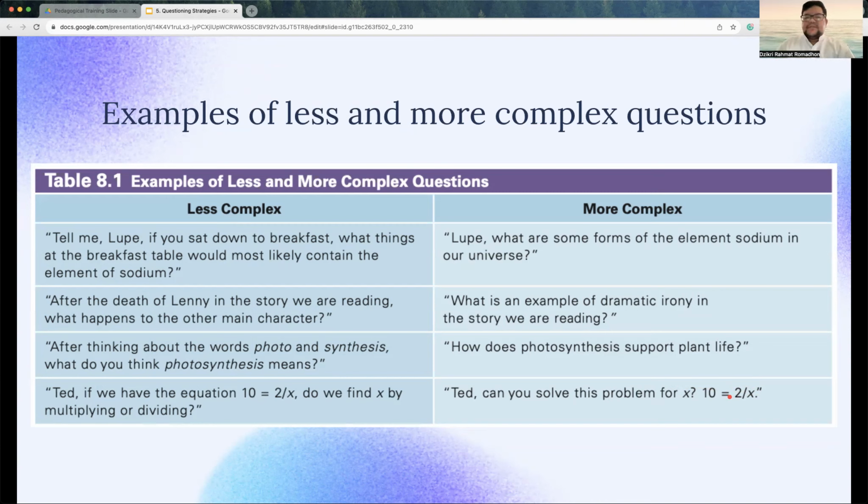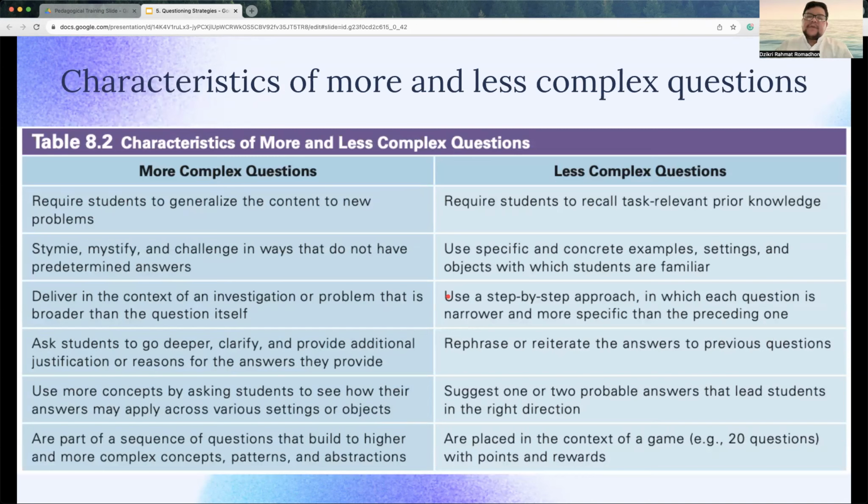Here are the characteristics of more and less complex questions. Let's start with more complex questions for each category, and then we will also discuss the less complex questions in the same category. For example, this one requires students to generalize the content to new problems.